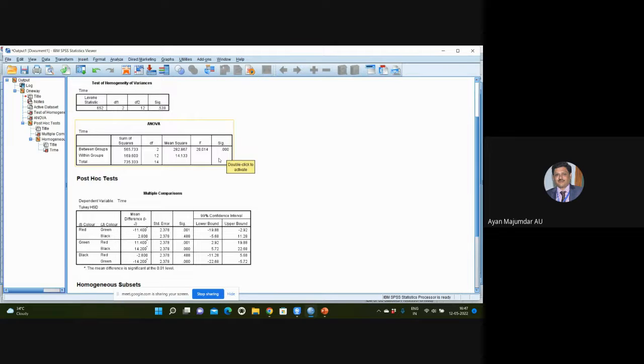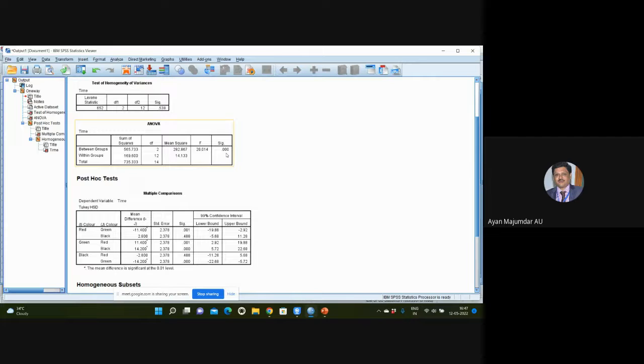Since the p-value is less than 0.01, we reject the null hypothesis that there is no significant difference between the three, red, green, and black. So at least there is one inequality. So we are rejecting the null hypothesis.